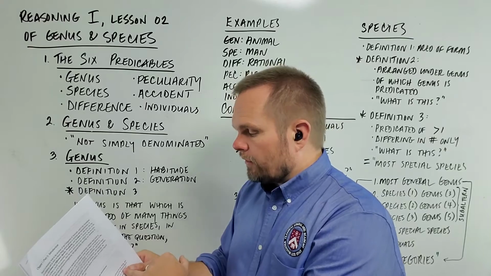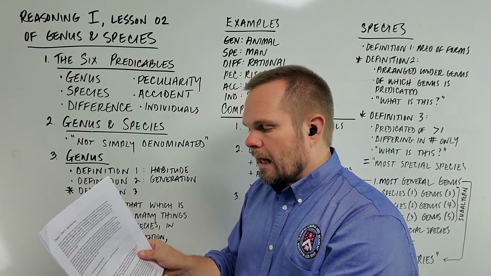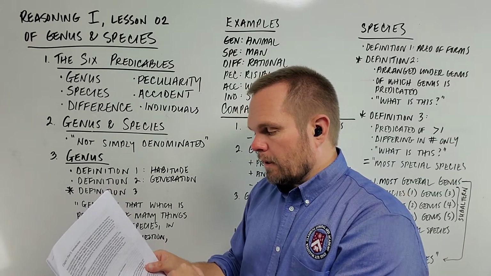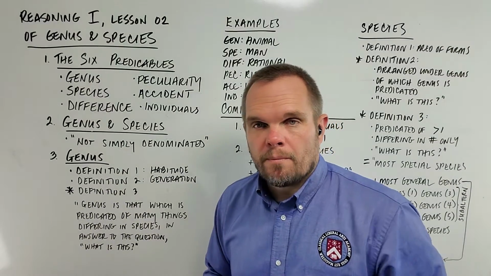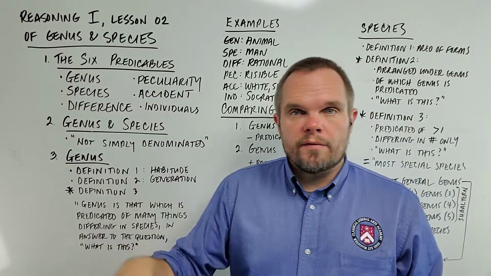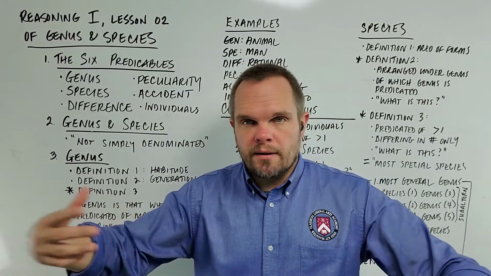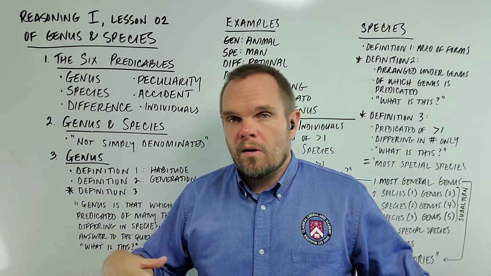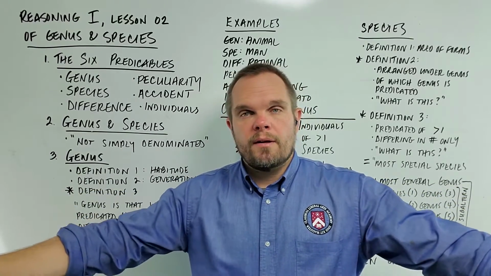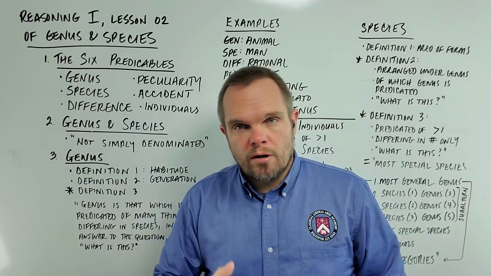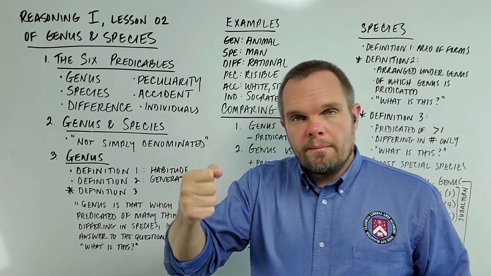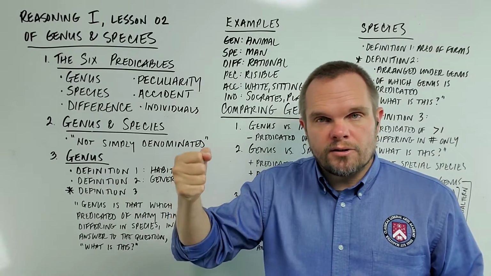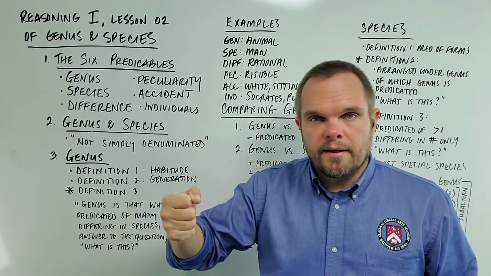The genus of the Heraclidae is denominated from the habitude from one thing. I mean, from Hercules. So all of the sons of Hercules, and by sons they mean descendants, sons and grandsons and great-grandsons, all the people who have this relationship to Hercules are members of a class called a genus, the genus of Heraclidae.